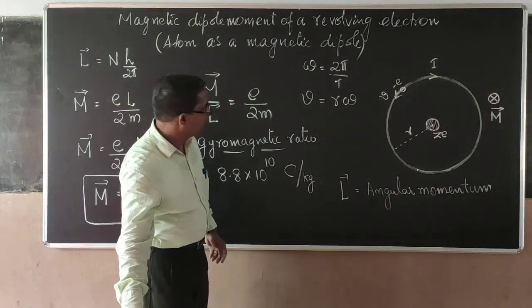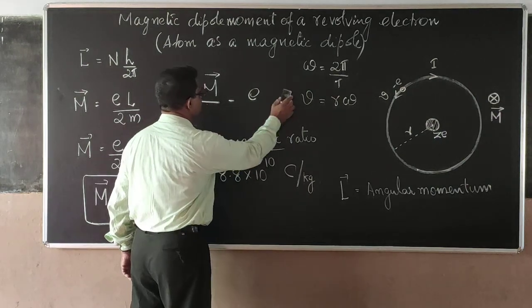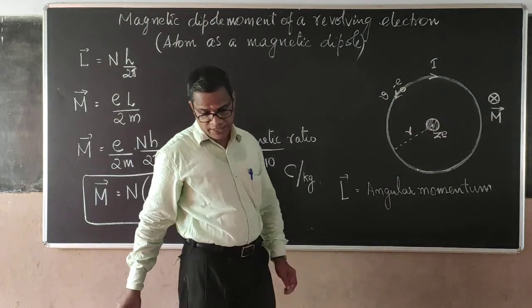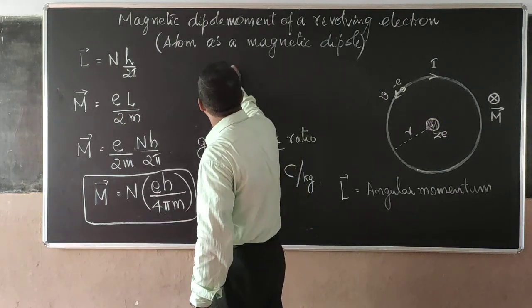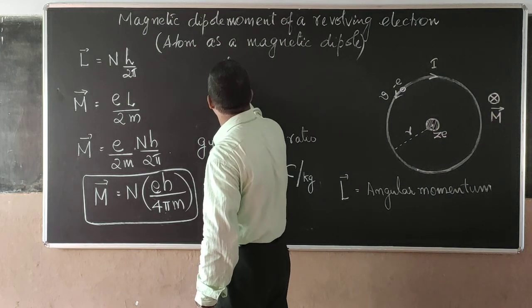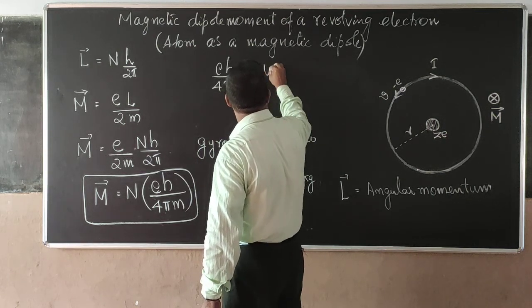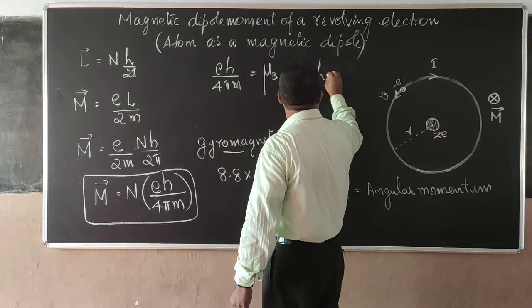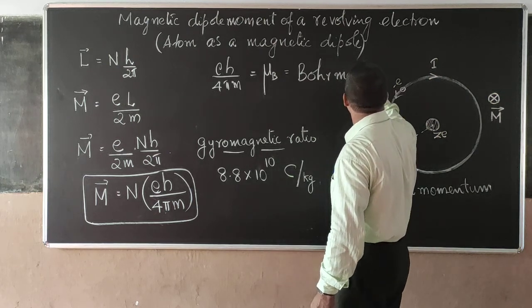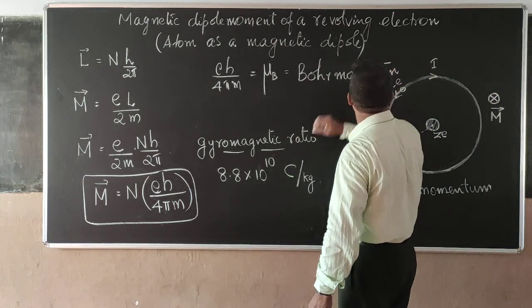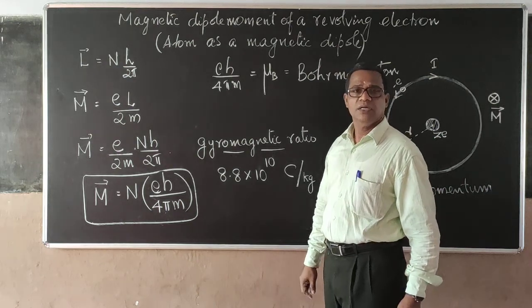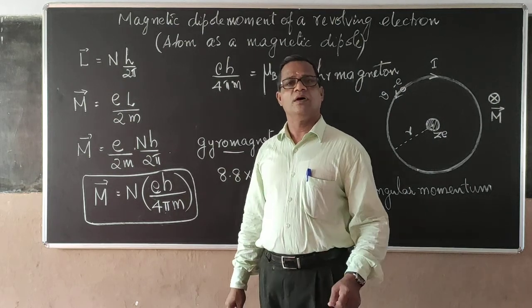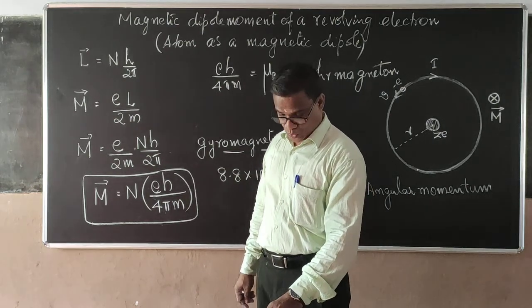And that constant value e h by 4 pi m is denoted by μ_B, or we call this the Bohr magneton for the electron.